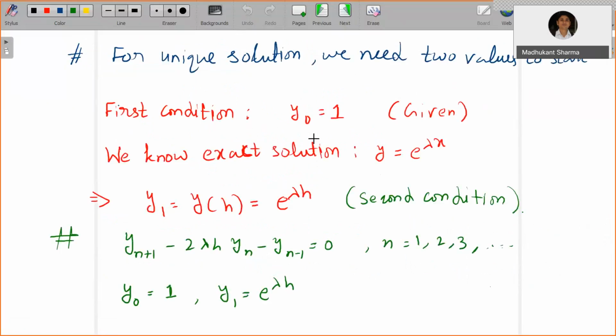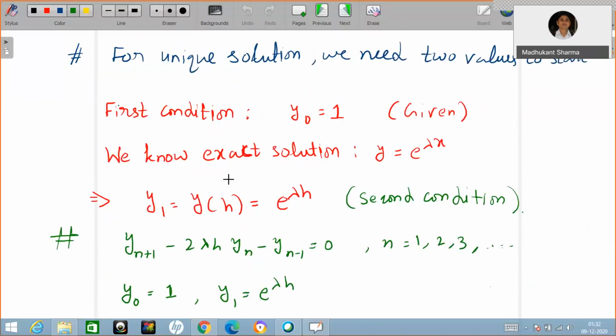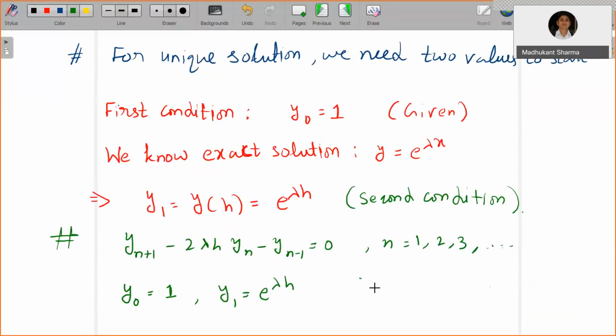So for a unique solution, we need two values to start. The first condition is y0 equals 1. We know the exact solution is y equals e to the power lambda x, so the other condition is y1, which is y at h, equal to e to the power lambda h. This difference equation along with these two conditions will give you the unique solution.